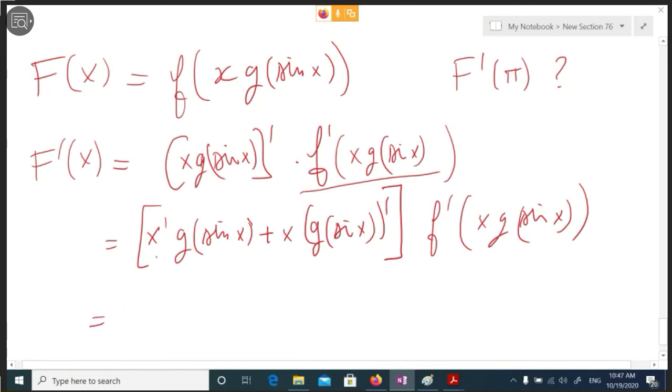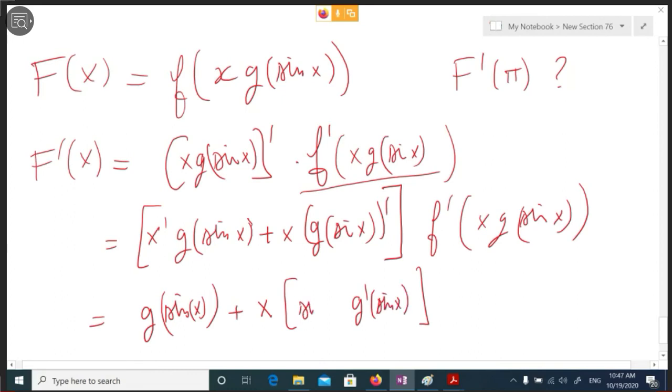Okay, after that, we keep the first term, x prime is 1. So we will have g of sine of x plus x. What is the derivative of g of sine of x? Again, apply the chain rule. It will be the derivative of g at its argument times the derivative of the argument.